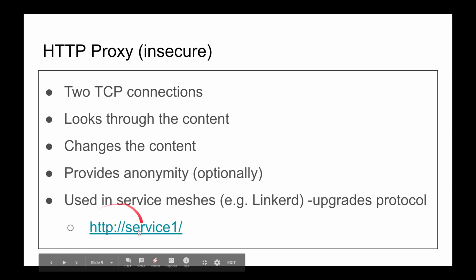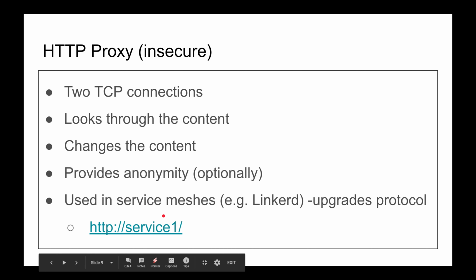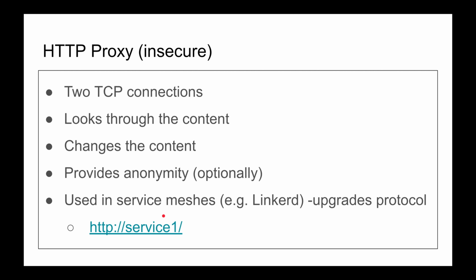The proxy looked at this, and based on that, it makes another request to another service, right? So this doesn't make sense if you request it like that, because service 1 doesn't exist in the outside world. But the proxy changes the content, finds the service discovery, and then makes the request. And we're going to show some of that stuff coming up.